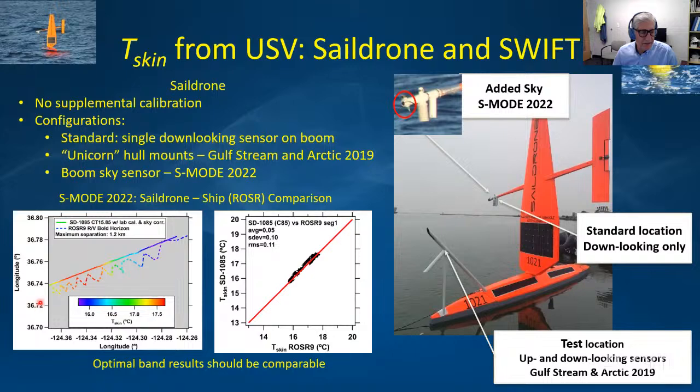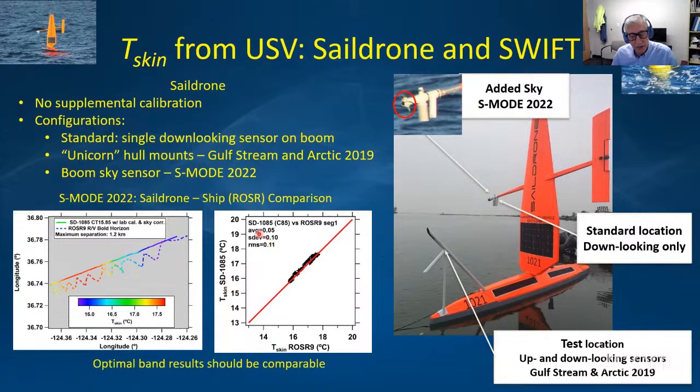This is about a 5-hour time series where the Saildrone was sailing straight on a line across a strong temperature front, and the ship was tracking it, had to go back and forth here because it couldn't go that slow in a straight line. But in any case here, they're within about a kilometer of each other. You can see that they track each other nicely here. And if you do a scatter plot, the RMS difference is about 1/10 of a degree.